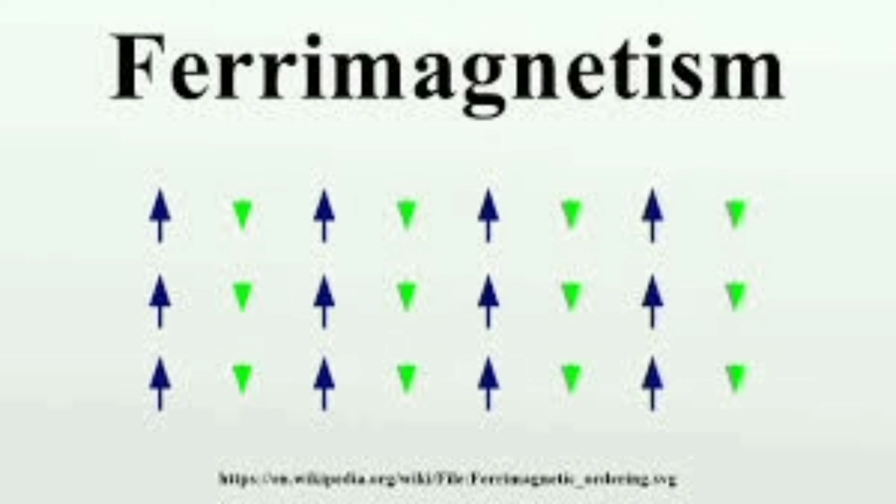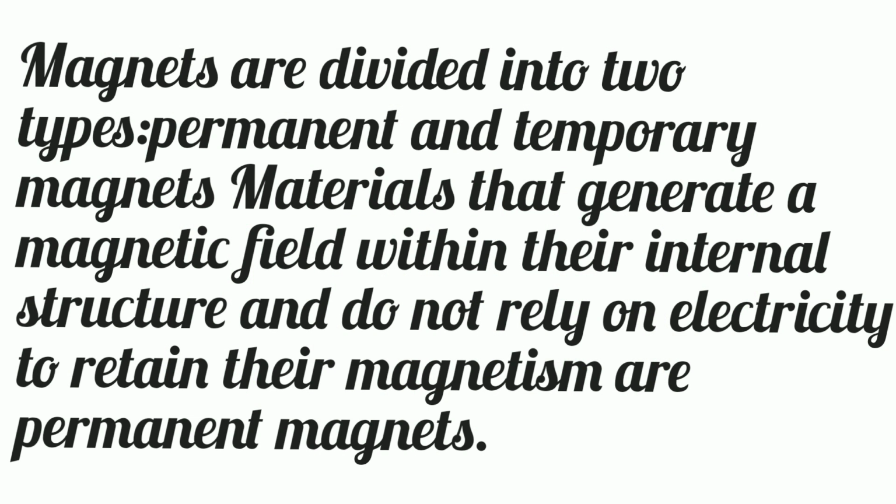The magnetism is retained even if there is no external magnetic field applied on the ferrimagnetic material. Now, magnets are broadly divided into two types, the permanent and the temporary magnets.